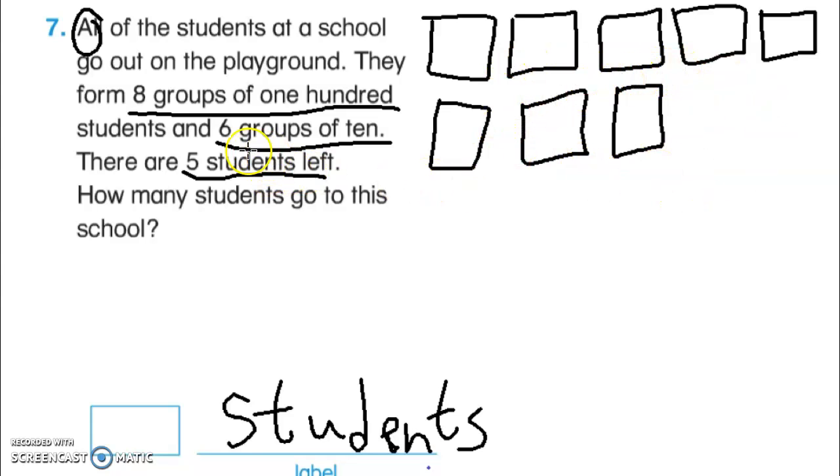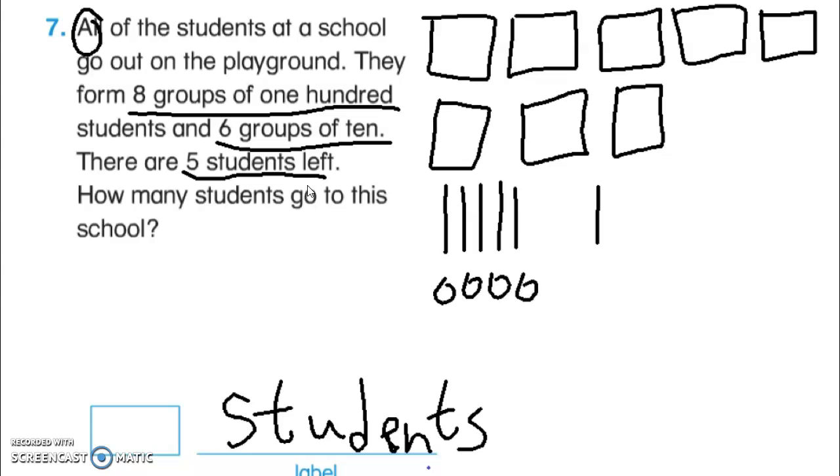And I also have 6 groups of 10 students. I'm going to draw that in 10 sticks. 1, 2, 3, 4, 5, 6. Then I have 5 students that are left over. So that would be 5 1s. 2, 3, 4, 5. These are all my students. Again, this looks so familiar. When you do your own word problems, please draw it in a picture like this. It'll make your life so much easier.